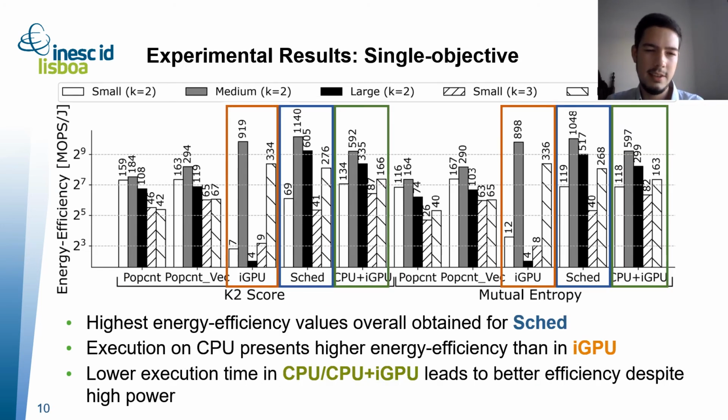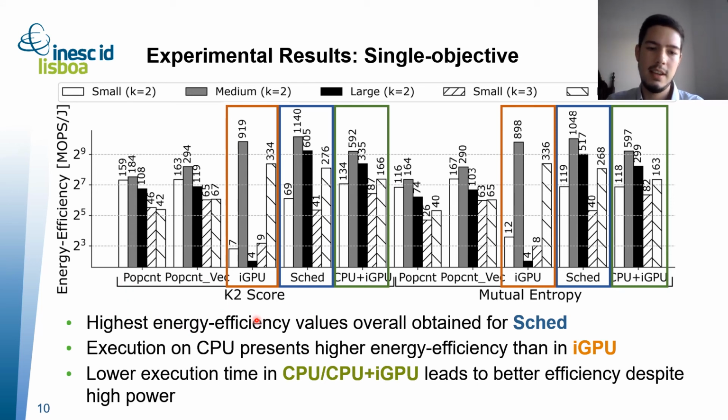When looking at energy efficiency, we can see that the highest energy efficiency overall is obtained by the scheduler version, and this is due to the high overall performance of this version and its low overall power consumption. Executing in the CPU will yield higher energy efficiency results than the iGPU.